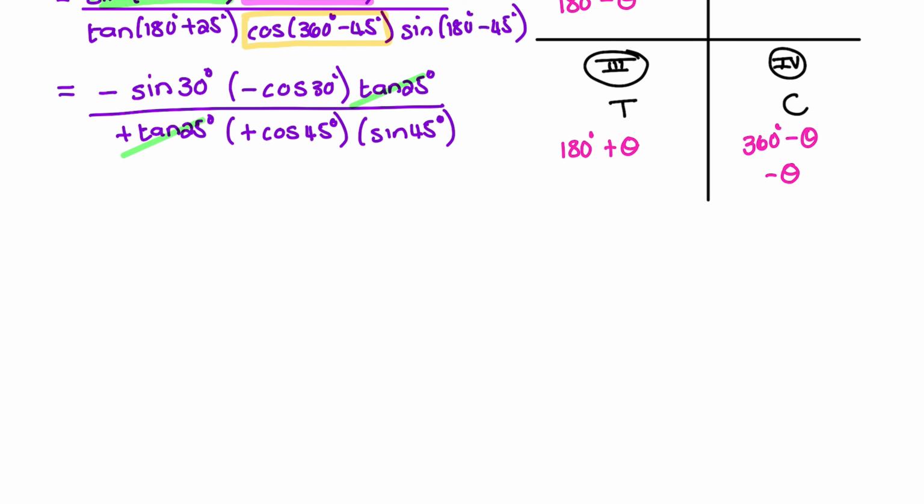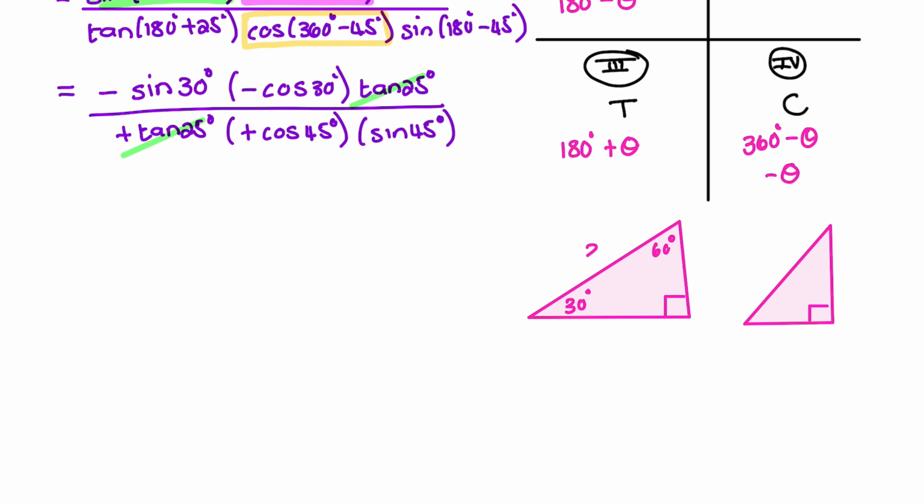Now the original question said, simplify this without the use of a calculator. That means that you would need to use the special triangles. For the 30-60 triangle, we have the hypotenuse as 2, opposite of 30 is 1, and the adjacent to 30 is root 3. For the 45-degree triangle, the sides are 1, and the hypotenuse is square root of 2.